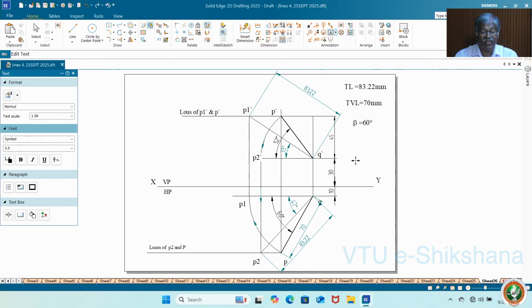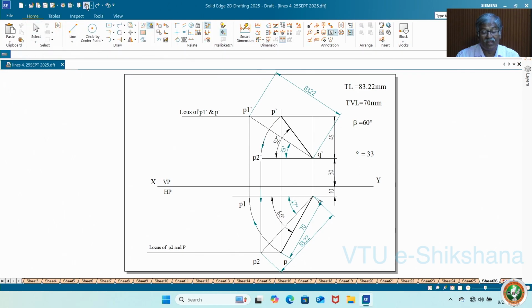Now we are identifying the theta and phi values. Theta Q equal to, you have to type Q with this symbol. Theta equal to 33 degrees. So next, let me show this.